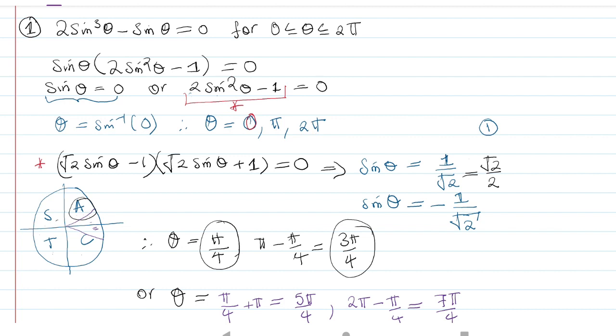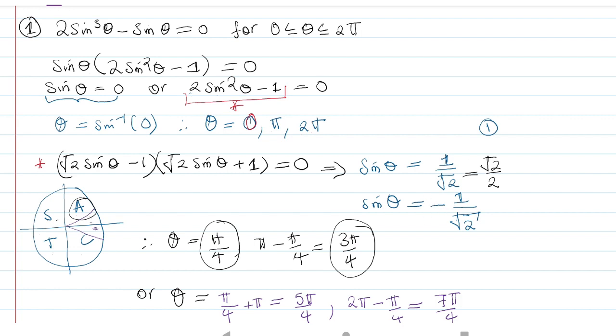That is the set that gives sine theta equal to 0: 0, pi, and 2 pi. Then after using the difference of two squares, we ended up with that. And sine theta is positive, so for the positive values, we have pi over 4 and 3 pi over 4.